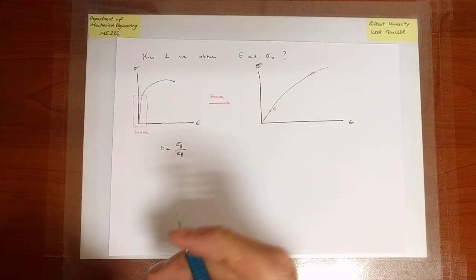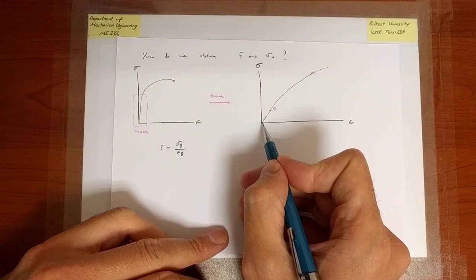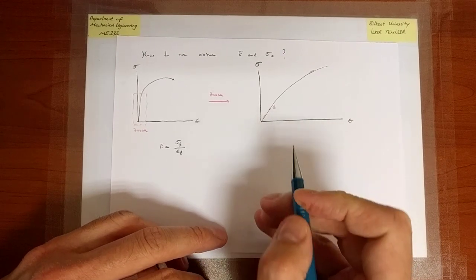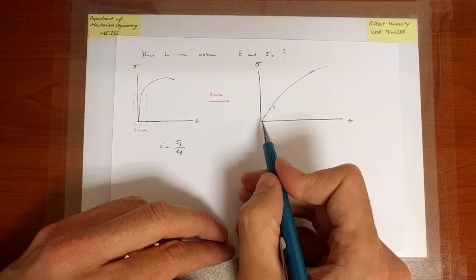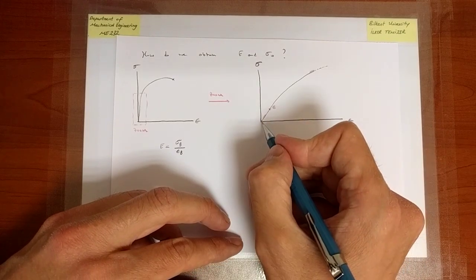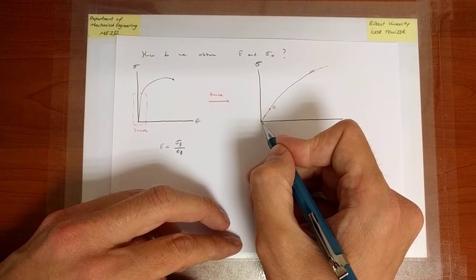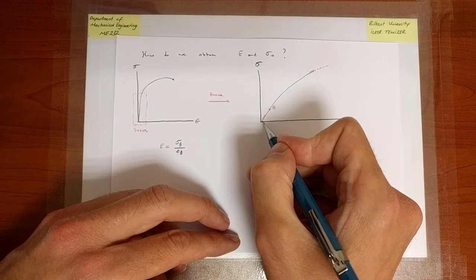Now, that is in general not a bad idea, but it turns out when you carry out the test, this curve may not start, due to experimental reasons, from zero strain at zero stress. In fact, what might happen is that when it's zero stress, it's not zero strain, but some, say, positive amount of strain.